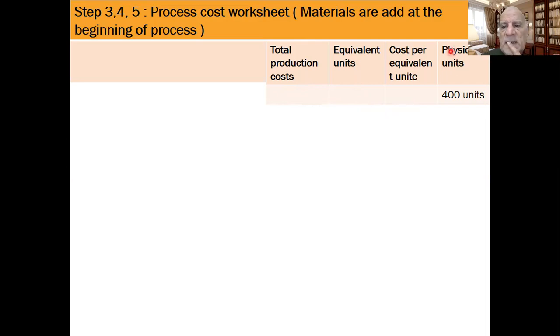As for the last column, it is for the physical units. This column shows the summarizing of physical units, which was done in the first step. Let us now see physical units, as mentioned in the example, were 400 units. This is the physically.